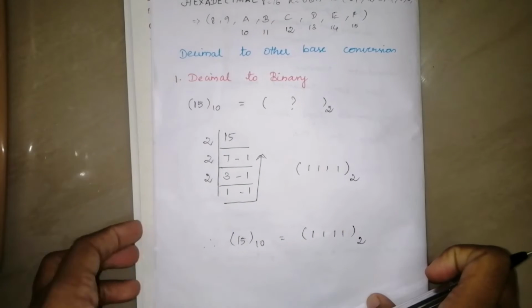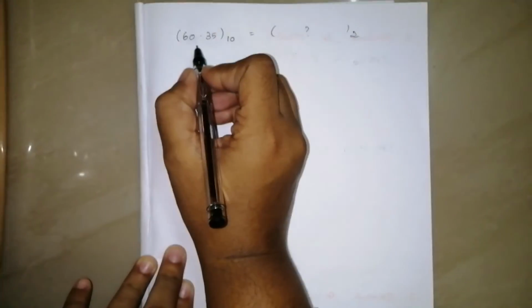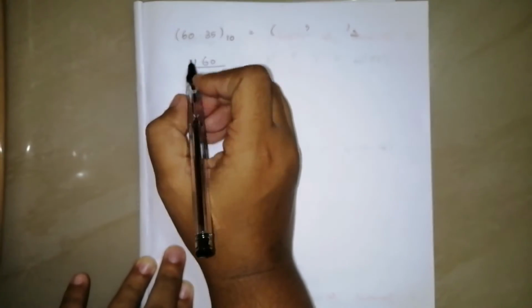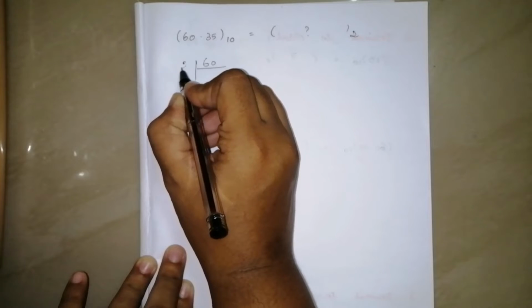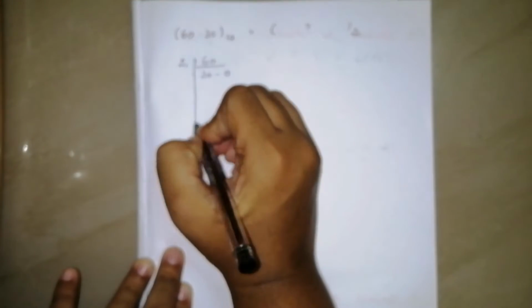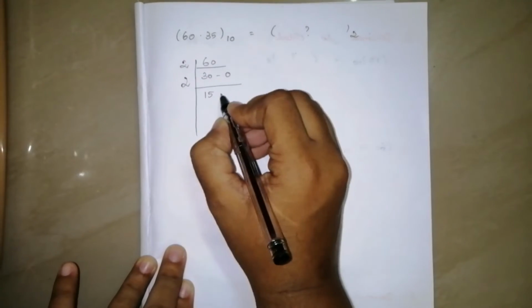Now let us consider another example. In this example we have a decimal number. This is also the same. First we have to consider only the integer. We will not consider the fractional part now. Similarly we have to divide by 2. 2 30s are 60, so the remainder is 0. Again divide by 2. 2 15s are 30.